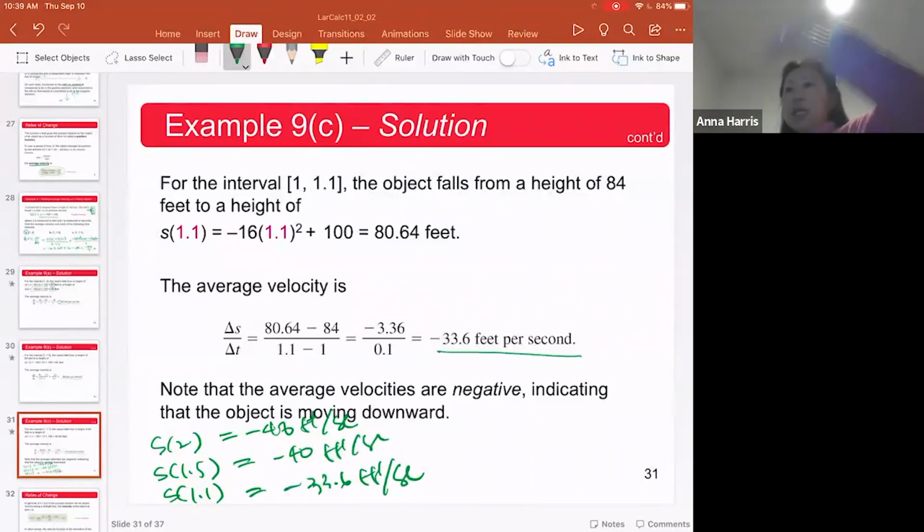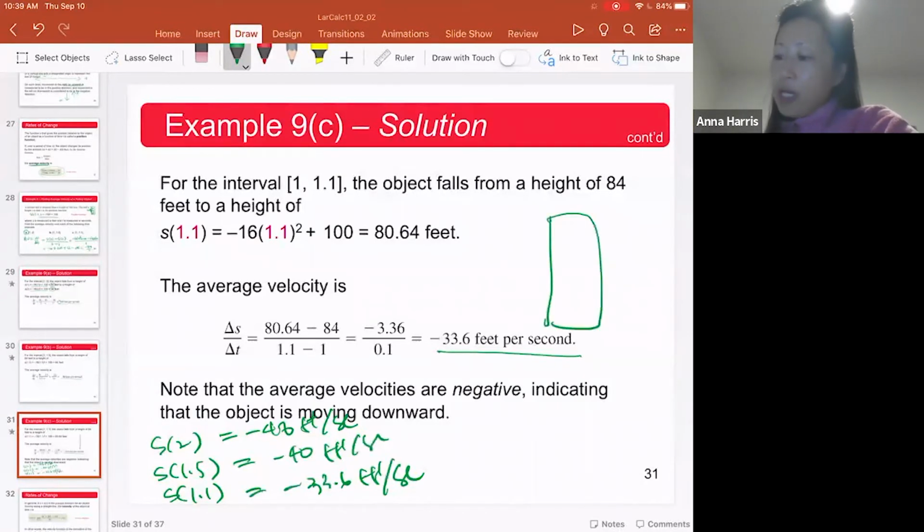What happened to your speed? I'm looking at the average change in distance.